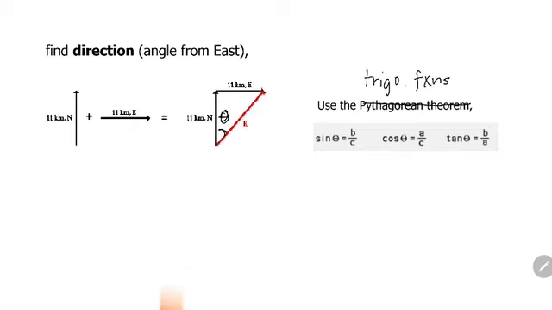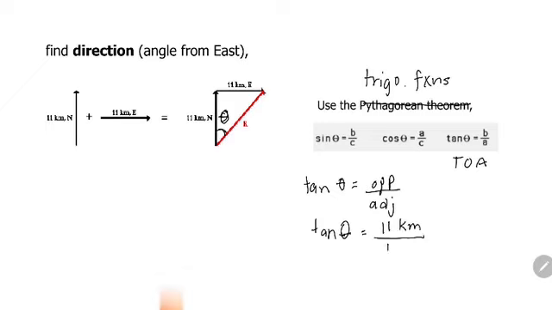Kasi TOA. Opposite over adjacent. So, the opposite side is 11 kilometers. Adjacent side is 11 kilometers. Obviously, this is 1. Tangent theta.